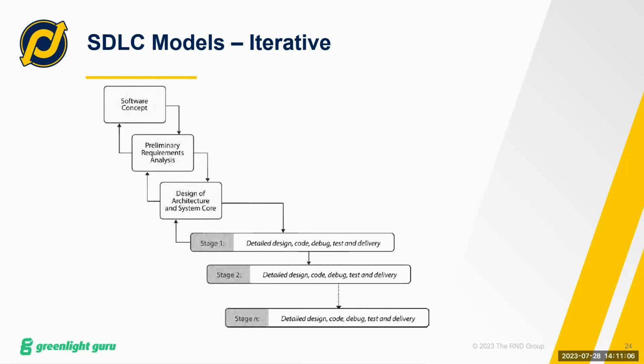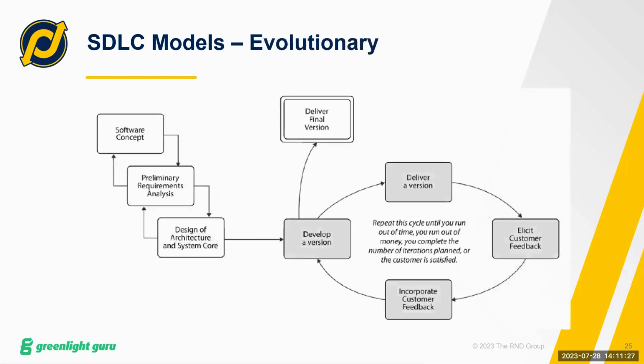In this model, you may or may not deliver. It says and delivery, but you may deliver at stage 2, but not stage 1, or whatever. But the idea is that you are going through these iterations and you are implementing new features, doing bug fixes in these iterations.